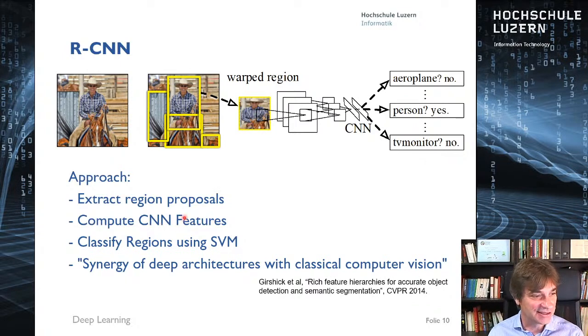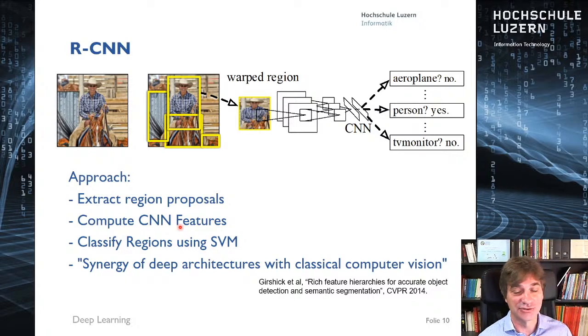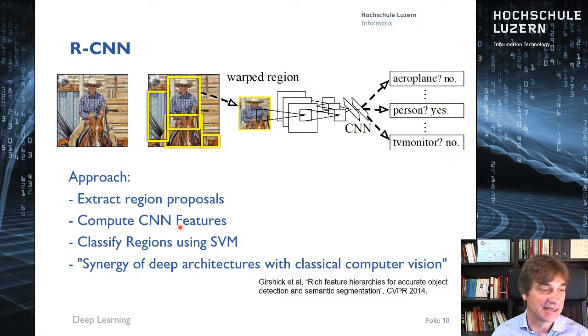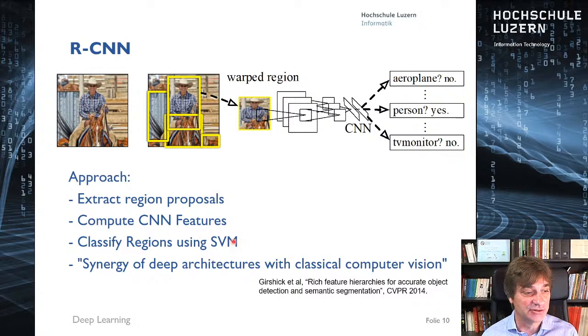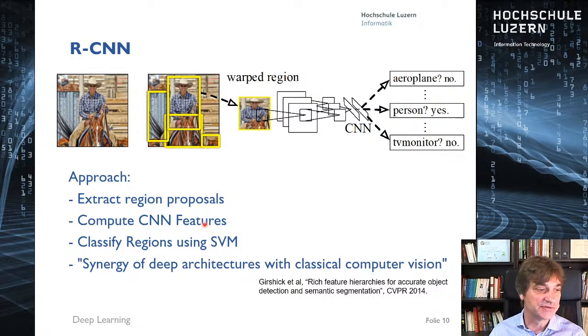At that time they did not use the network for classification, but just to calculate the features. Why? We will see. There could maybe be an improvement for that, but also for the features, you could calculate them at full resolution on the whole image and then go over to the regions. And then for classifying the region, they use a support vector machine using the features in that region that they have calculated with the convolutional neural networks.